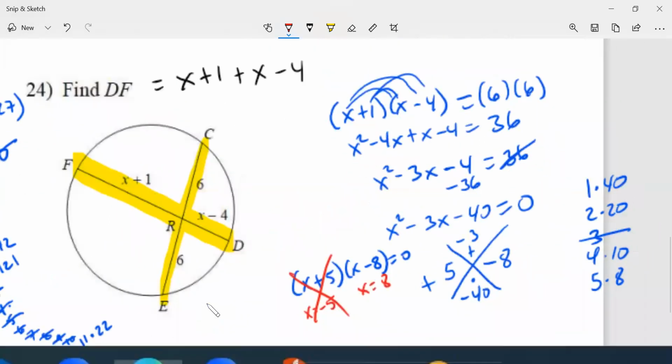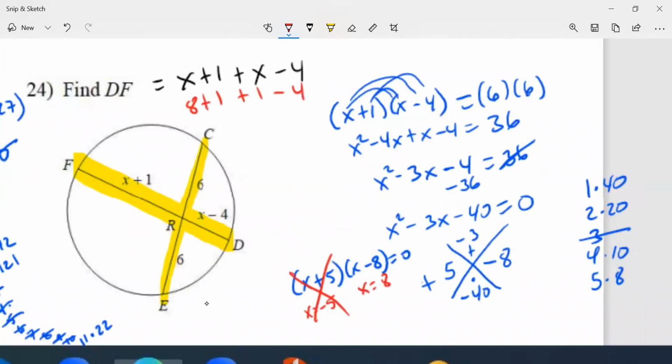So when I come back to what I needed to do, I'm just going to go 8 plus 1 minus 4.